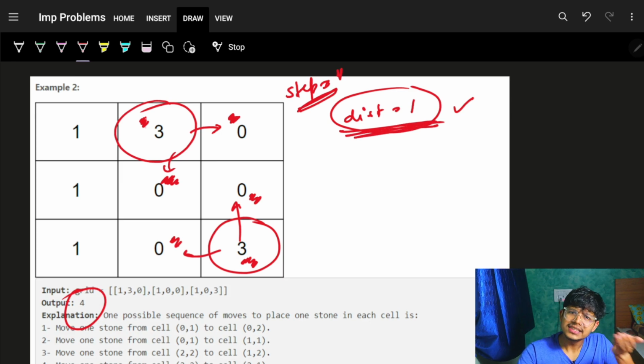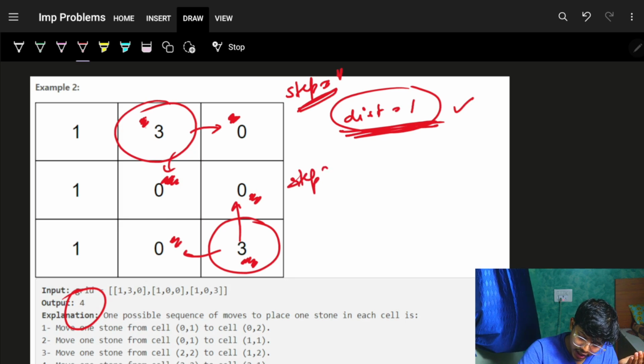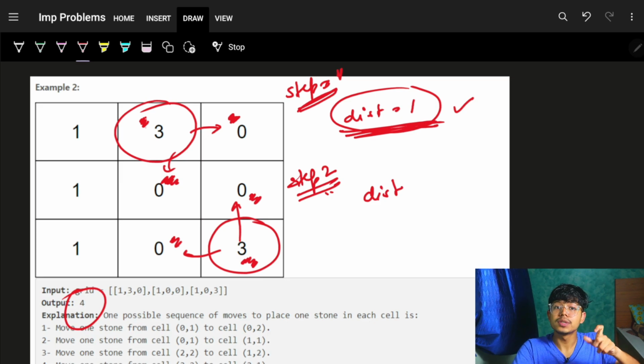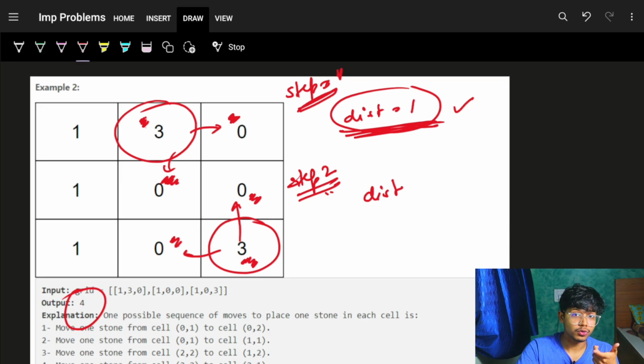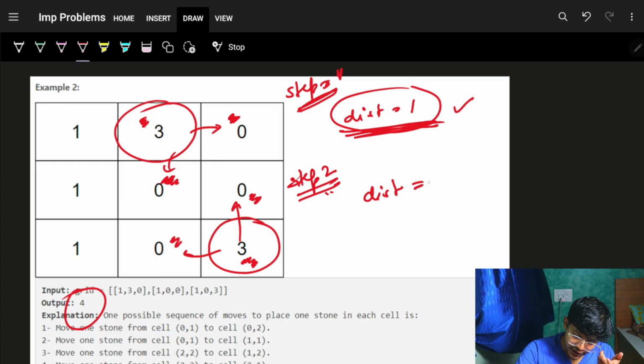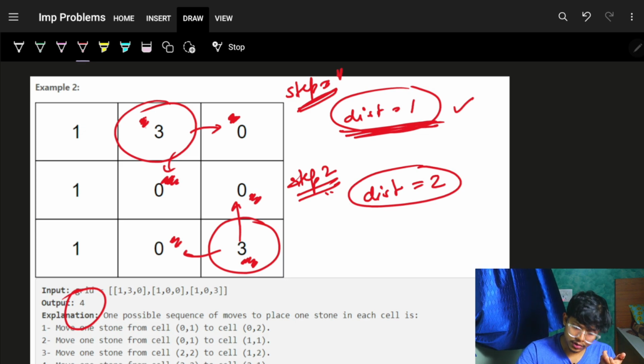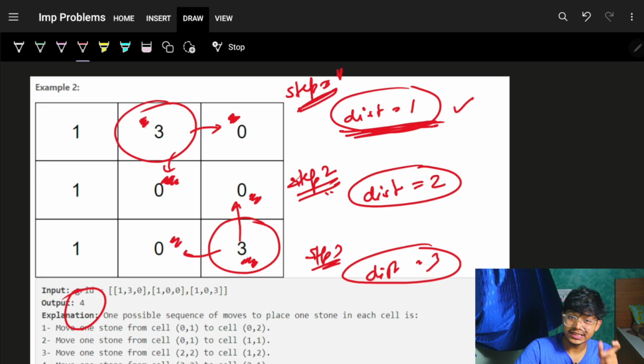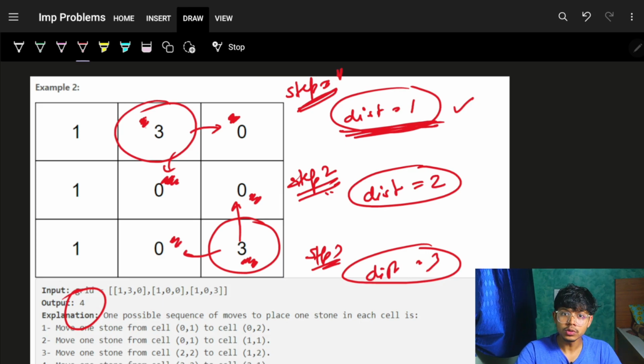Although in step 1 itself, this problem is done. But what is the next step? In step 2, I will again go on to all of those remaining cells having more than 1 stone, and then I will go and check for distance 2. Then for step 3, I'll check for distance 3 for all those cells having stones more than or equal to 1.